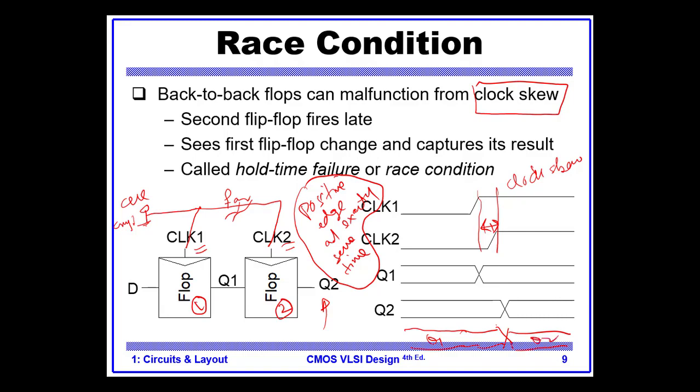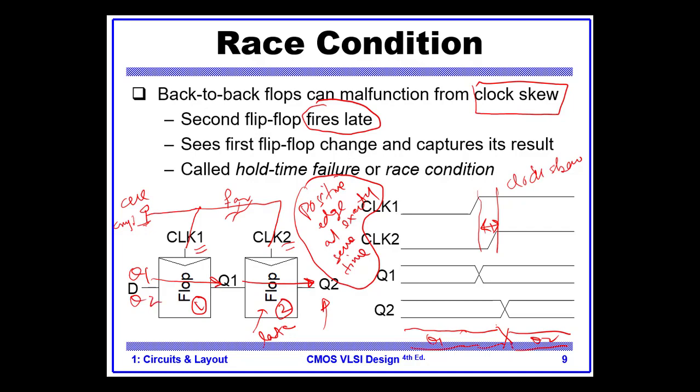But because of the clock skew, the second flip-flop fires late. And what happens because of that? It sees the first flip-flop change and captures its result. Because that is late, what is happening here? First there was Q1 which came here, and Q1 should go outside, and then came Q2.